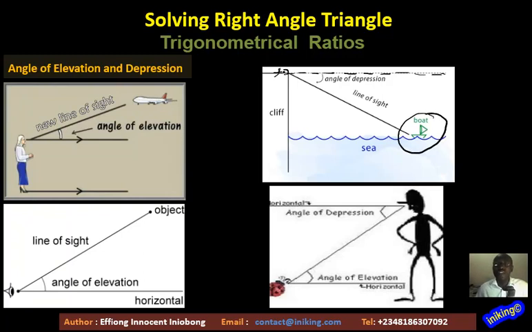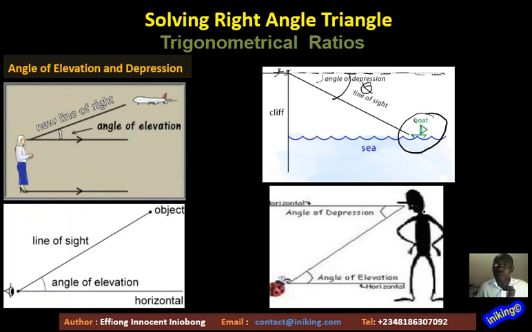In order for the observer to take proper sight of the boat, he has to do what? Depress, that is lower his eye level from the horizontal level up there, down to the line linking him with the object. That angle through which he has depressed his eye level is what we call the angle of depression. So I can call this angle theta or whatever.